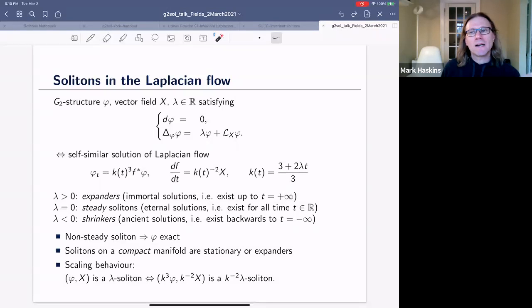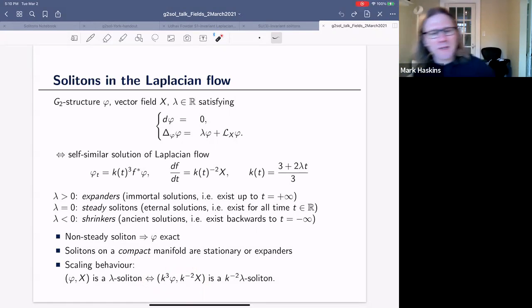And then, as usual, there's a scaling behavior: if I want to change the value of lambda, I can do that by the appropriate scaling of other geometric quantities. So in particular, if I've got some original closed form in X, which is a lambda soliton, and I want to make it a lambda over k squared soliton, then I have to scale the form and the vector field like this.